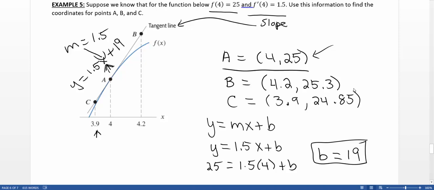We're expecting the dependent value at C to be a little bit lower than the dependent value at A. So by finding the equation of that line, we were able to find the coordinates of all the points on that line for various x values. And we were able to get the equation of the line because we knew the slope of the tangent line through the information that we had about the instantaneous rate of change.